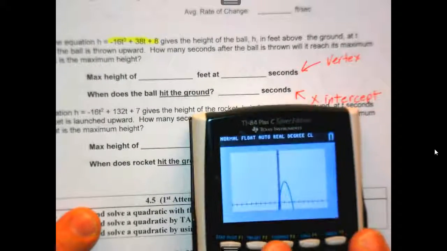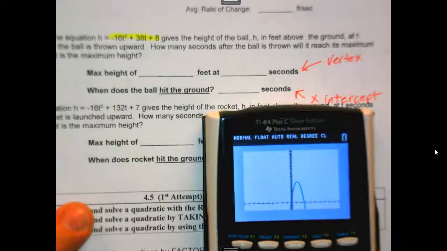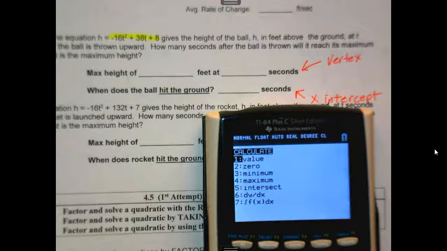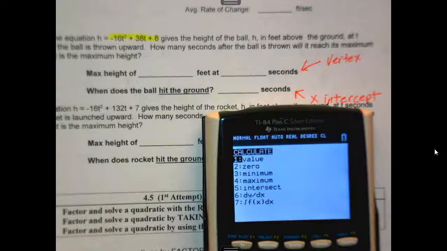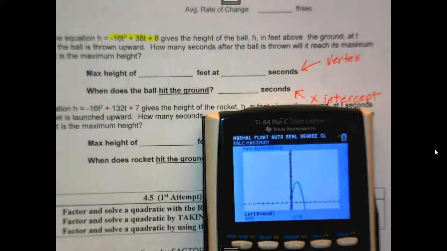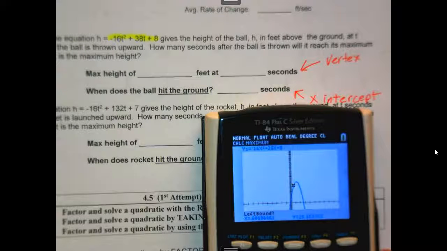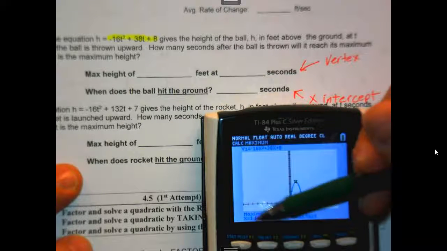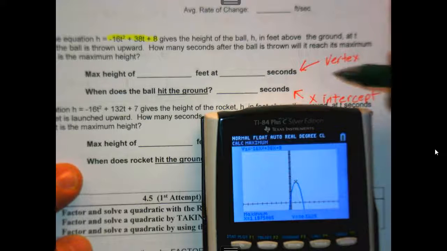Okay, so I need to find the vertex. Remember how to find the vertex? Second, trace. Now the vertex, it's an upside down parabola, so it's going to have a max, right? So I need to find the max. Hit enter. It's asking for a left bound. Make sure you're to the left of the vertex. Hit enter. Make sure you're to the right of the vertex. Hit enter. And then hit enter again. That gives me my vertex. And that's at 1.18 or 1.19.